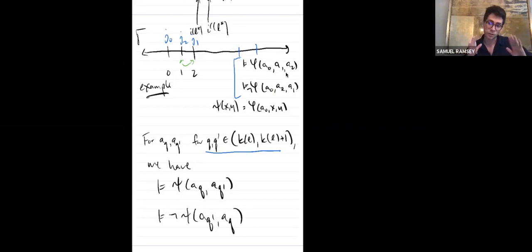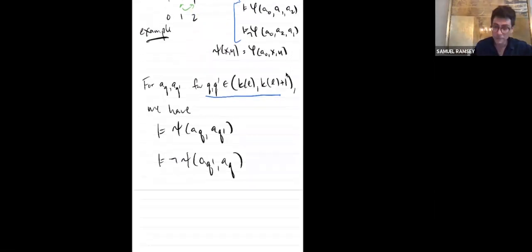The notation is really bad, but we know that we have this swap. And if we take any numbers inside the interval of the two numbers that we swap, by indiscernibility, when they're in the right order, phi is true, and when they're in the wrong order, phi is false. That's the point.